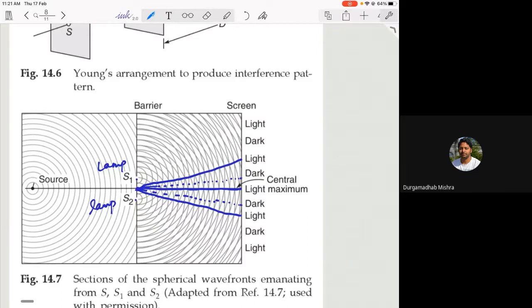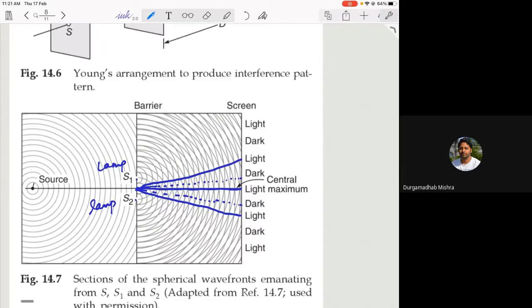In the two sources, the light comes from the de-excitation of electrons, so we cannot make sure that the de-excitations happen at exactly the same time. That is why they will be out of phase. Yes. So normally we will not really observe the interference pattern, because this is an incoherent source.